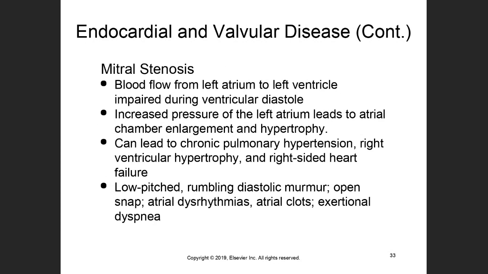One of the valvular problems is mitral stenosis. Mitral stenosis is the blood flow from the left atrium to the left ventricle. If you have a stenosis, the blood remains in the atrium, doesn't go to the ventricle, and that starts producing problems. Okay.